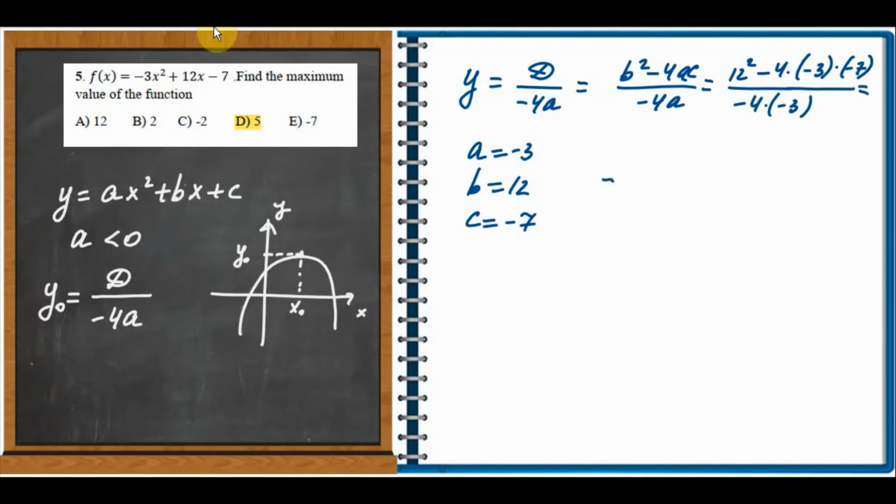Now, let's simplify. 144 minus 4 times 3 is 12, times 7 is 84, and this will be negative 84, and negative 12. That's going to be 60 over negative 12. Oh, not negative, it's positive, guys. 60 over 12, which is 5. That's the correct answer for this question.